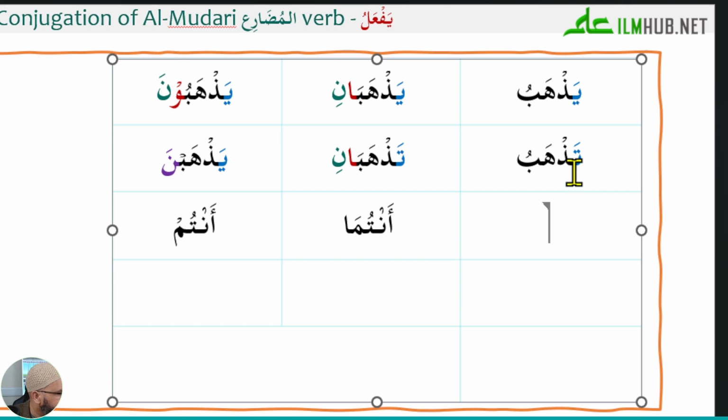So to save time, I'm going to copy, and believe it or not, the anta version and the hiya version are exactly the same. Well, that's the way it is in the Arabic language. You just have to accept it. So this is the hiya version, number 4, and number 5, 6, 7, which is the anta version, is exactly the same.